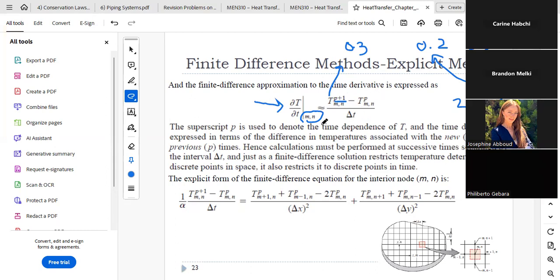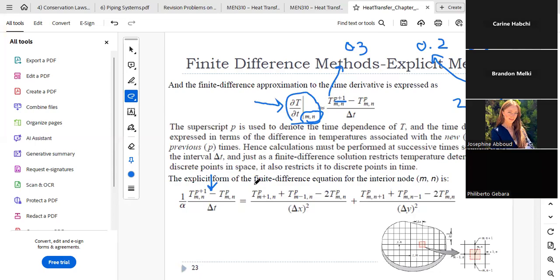So this is how I can transform this derivative form into numerical form. And I replace it in my differential equation. Now I will do the same for the space term.